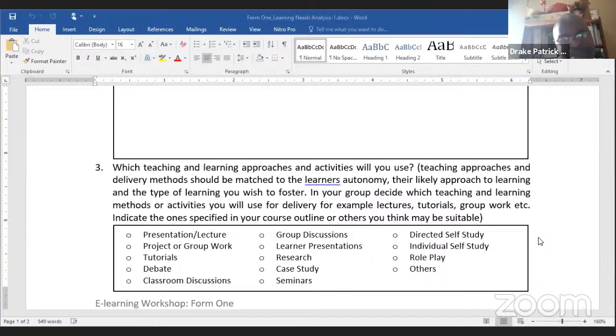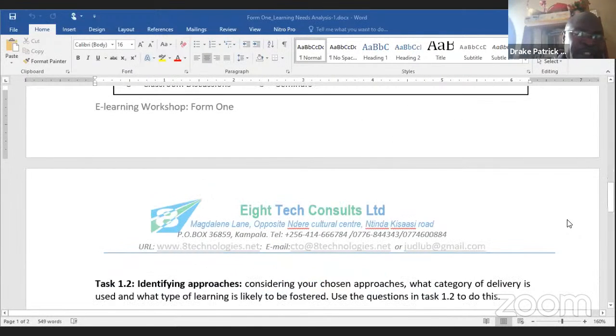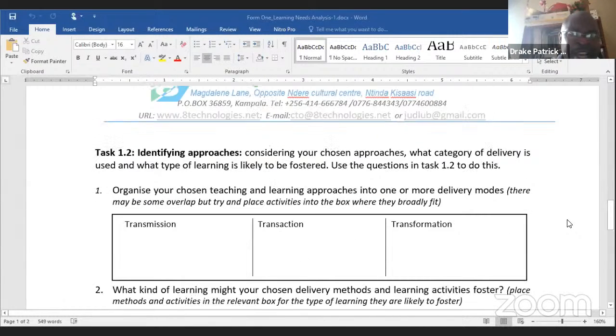So we would like you, as a part of conceptualizing your online transfer, to identify which of these activities, some others may not even be here, you would like to incorporate in your online course in reflection of the learning approach you would like to implement. Continue. And I'm sure most of these activities are common to most of us in this room.